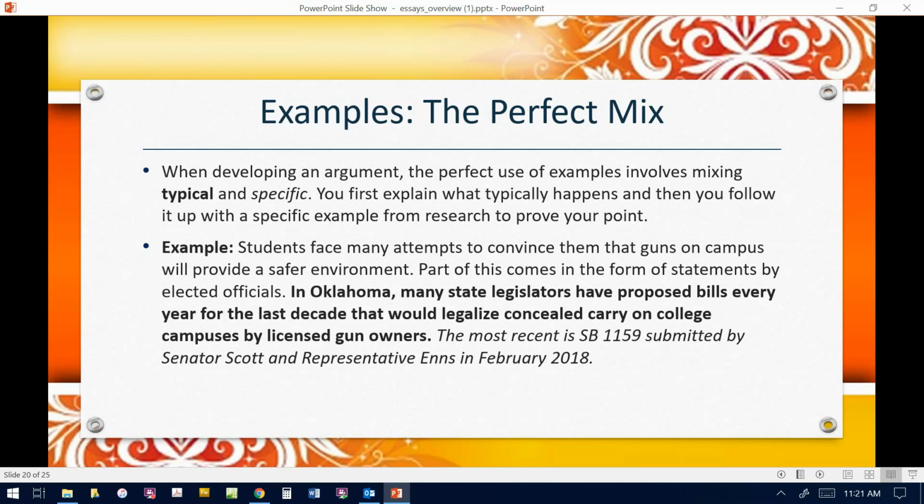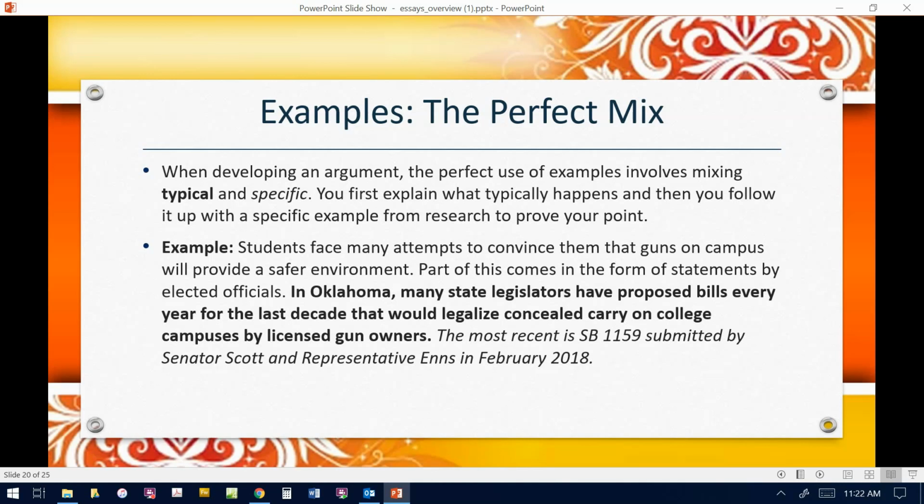You can see here in the example, this would be an example of how you would use something in an introduction, I think. You may start off your introduction with: students face many attempts to convince them that guns on campus will provide a safer environment. Just think about how we've identified our audience and provided context. Then we say part of this comes in the form of statements by elected officials.